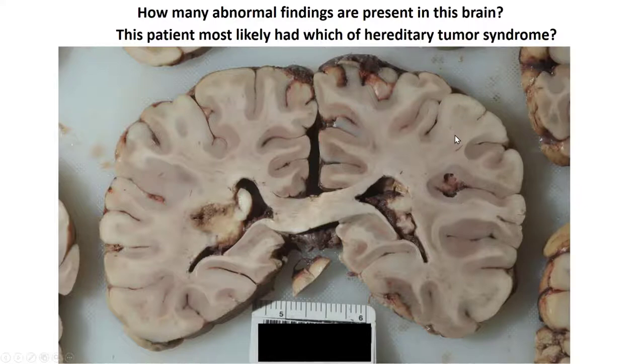Instead of having those really compact rows of neurons, we have this kind of jumbled up mismatch of neurons. Grossly, to the naked eye, it looks like it's not as gray as the rest of the gray matter. It looks white, more like the white matter, because we don't have that nice compact nature of the neurons.